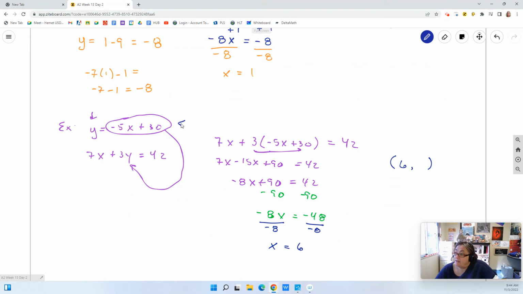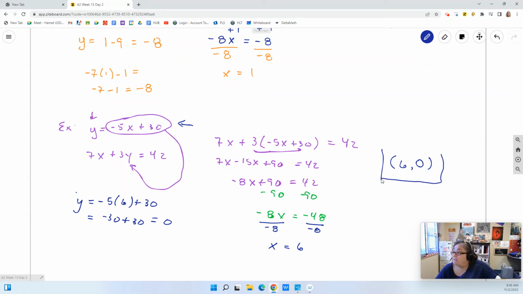So here I've got y equals negative 5x, and we know that x equals 6 plus 30. So to find out what our y would be, we're just going to do the math on this, right? Negative 5 times 6 is negative 30 plus 30. Well, that just equals 0. So that is saying that our y value would be 0, right? This would be our solution.